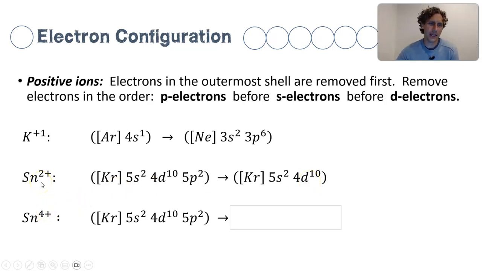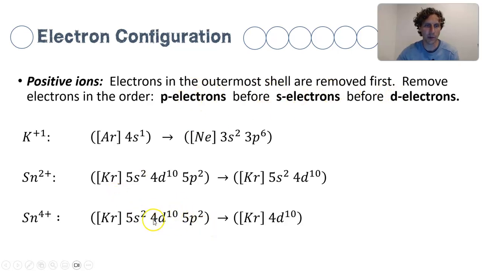But tin can also become 4 plus. So how does that happen? You probably wondered that back in Science 9. Well, we can lose these two. Okay, we first remove them, remember, from the outermost shell. And then we're going to lose them from the p orbital, then the s, and then the d.